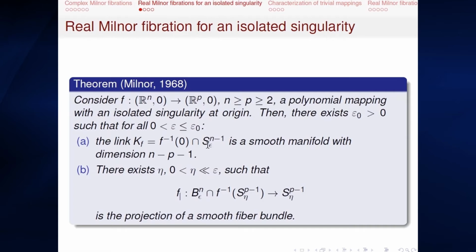Milnor also showed the existence of fiber bundle structures for real maps with isolated critical points. This restriction of f is a projection of a locally trivial fibration called the real Milnor fibration.